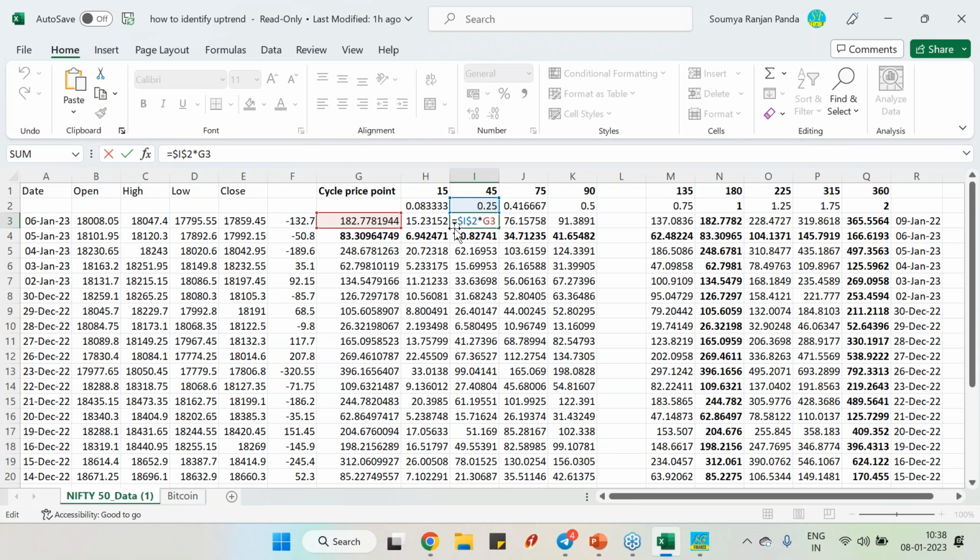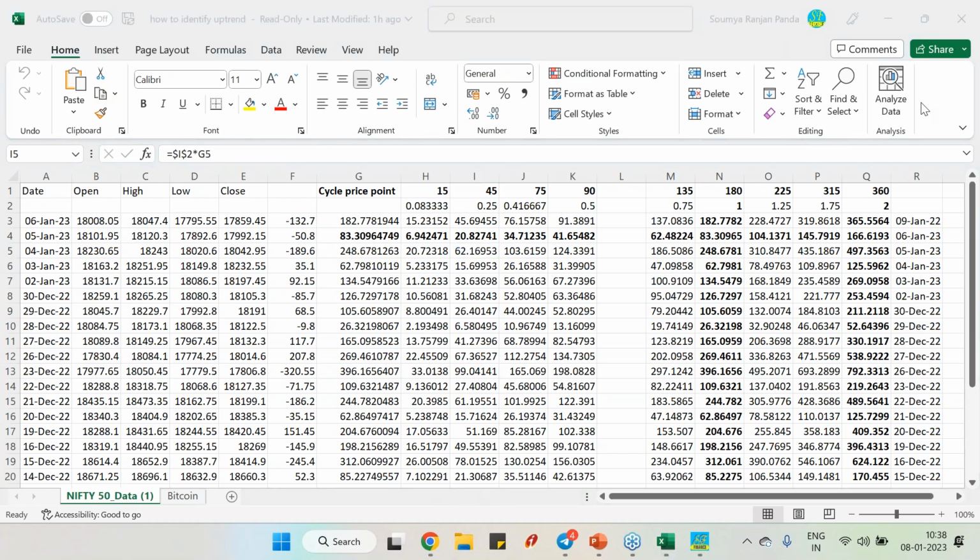As per the Excel sheet, I am using a prefixing $ and postfixing $ because I want that same thing repeated everywhere. So this degree factor will not change. Only my G column will change, but the degree factor column will be constant throughout. Anything in Excel you want to make constant, you need to prefix and postfix with $.